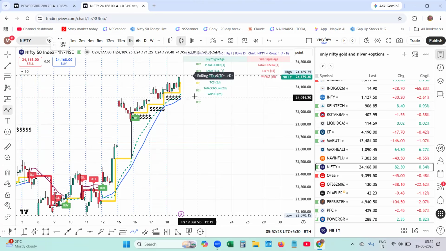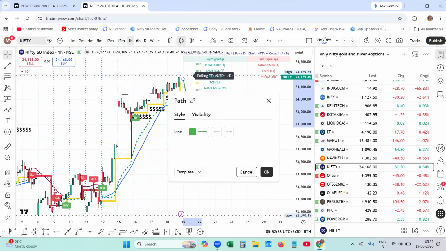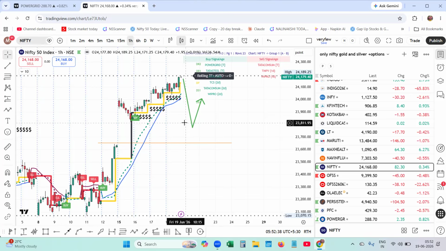So the big money, if it gets easy liquidity which is available in the system, then the market can easily gap down. When it gaps down, it will suck all the liquidity. When it sucks all the liquidity, this will be a short covering. Short covering, all these things will be swallowed, and again it will go sideways.